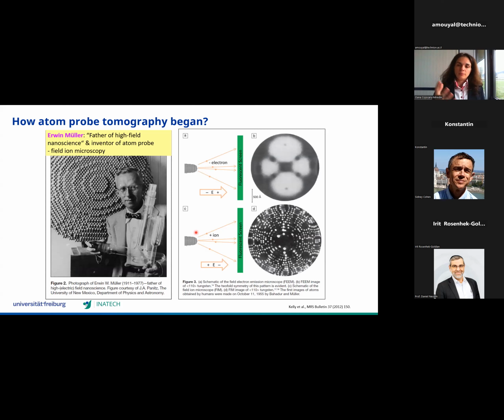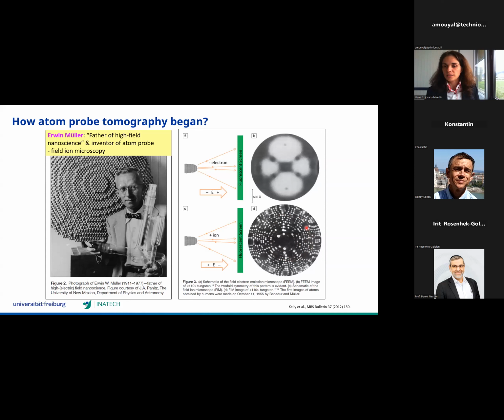Then the atoms of the image gas are polarized on the surface of the tip. They are going to be ionized and then field evaporated, or accelerated, towards the fluorescence grid. And for example, if we have a tungsten needle, we get this type of images. These are film images, so-called field ion microscope images, where we can image the position of the atoms on the surface of the needle.